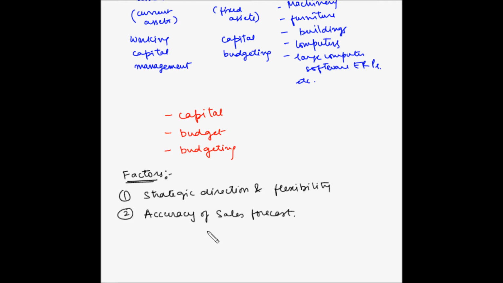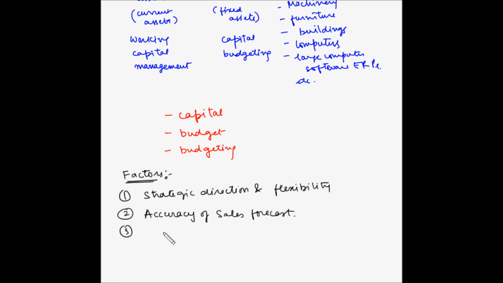Now, if you decide to buy a new machinery in order to produce a product, you have forecasted that there is going to be a need for that product in the future for a number of years, let's say 10 years. Also, the forecasted sales would be high enough to recover the amount of investment that you are making in the machine. So, since this is based on a forecast, the forecasting process has to be very accurate.